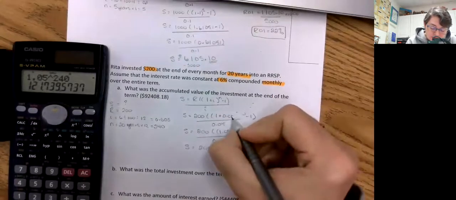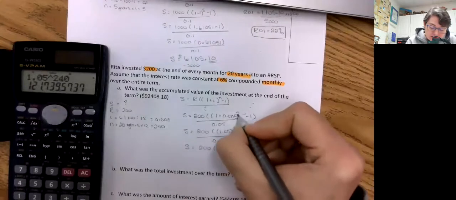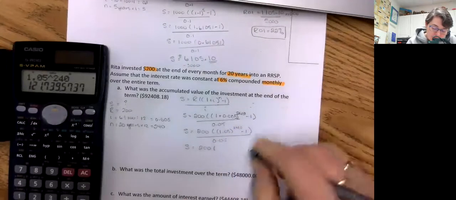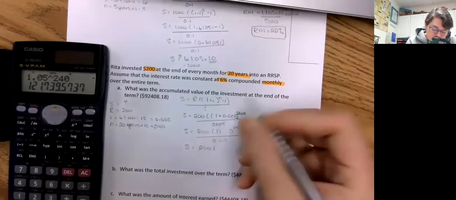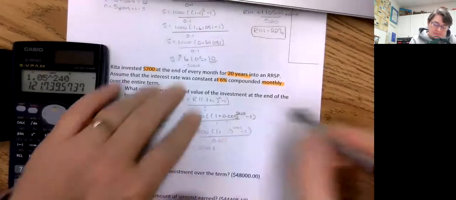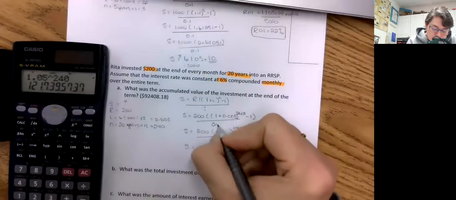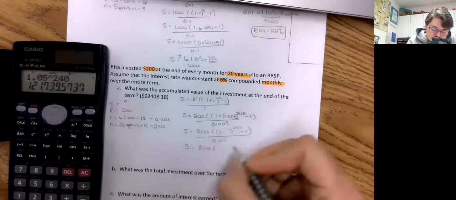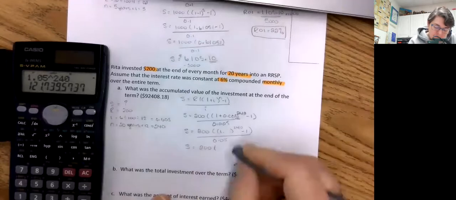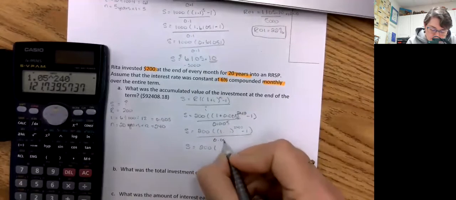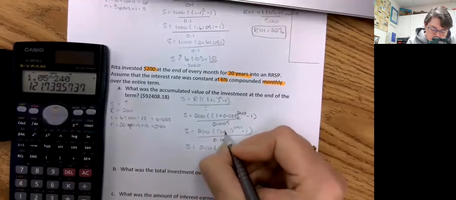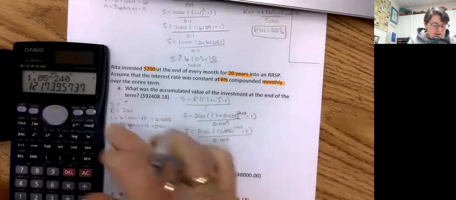So 0.005 to the 240. 0.005. Now let's try that again.